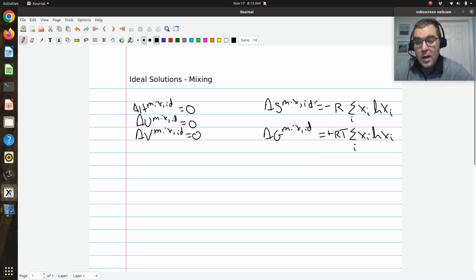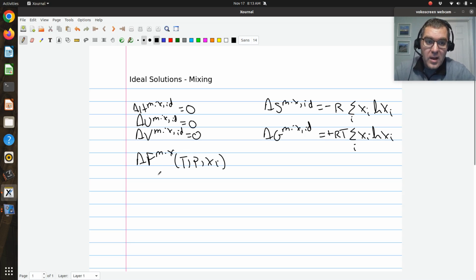Great. Now, how do I use those? Remember, in general, we had my property change upon mixing. So delta F of mixing is equal to the actual value, and I'm going to write functional dependencies the first time I do this. Delta F of mixing is a function of temperature, pressure, and composition.